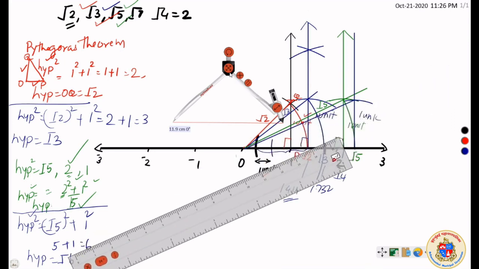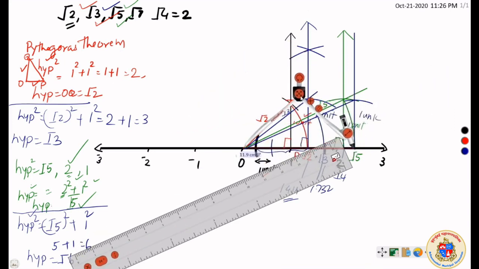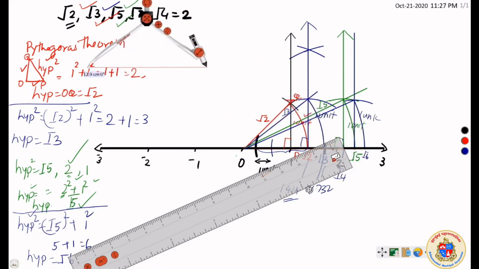The compass is used to get the exact expansion of it and bring it onto the number line to mark root 6. I marked root 6 over here. Where I have to draw again a perpendicular in order to draw root 7, which is the last stage.